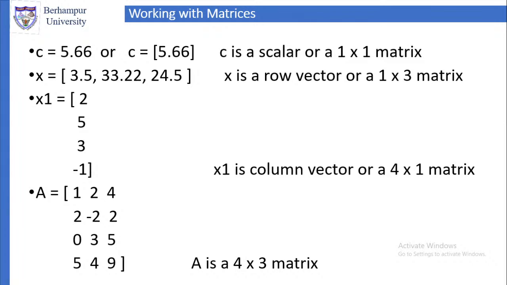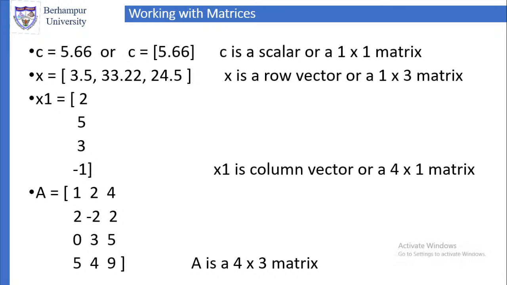Similarly, X1 is a column vector. It has 1 column and 4 rows: 2, 5, 3, minus 1. So X1 is a column vector, or a 4 cross 1 matrix. 4 represents the number of rows, 1 represents the number of columns. Similarly for X, 1 represents the number of rows and the number of columns is the count of elements.